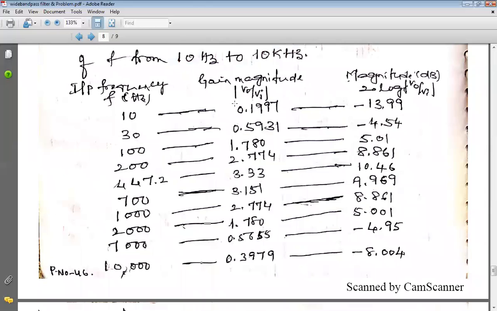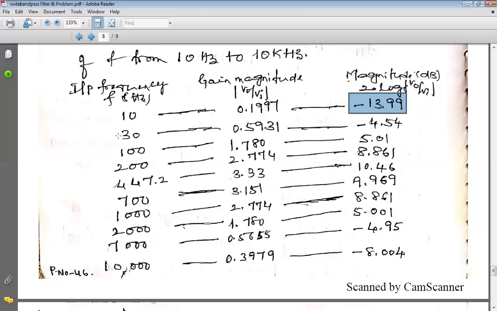For the first, 10 Hz, I am going to get this value, and the corresponding voltage gain magnitude is 20 log to the base 10 of V0 divided by Vi, that is 20 log to the base 10 of 0.1997, which is minus 13.99.